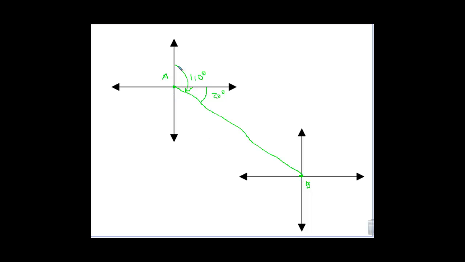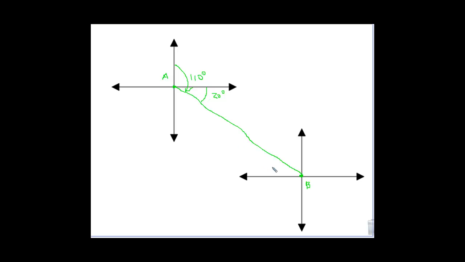Basically imagine if you're standing at A and you're looking at B, because we're looking at the bearing of B from A. We've got to be really careful of the of and from when using the language here.